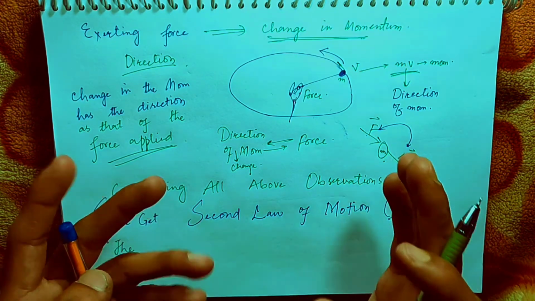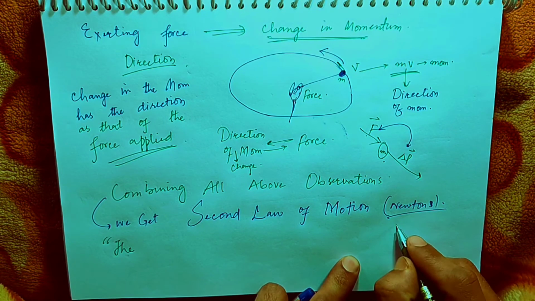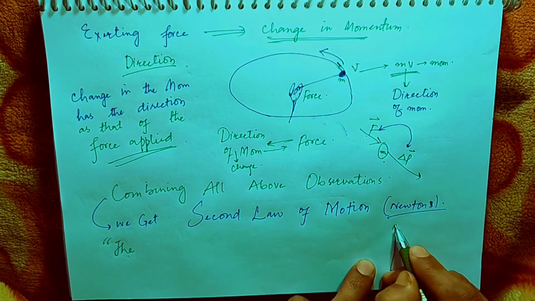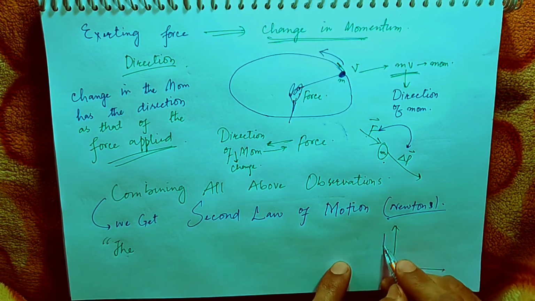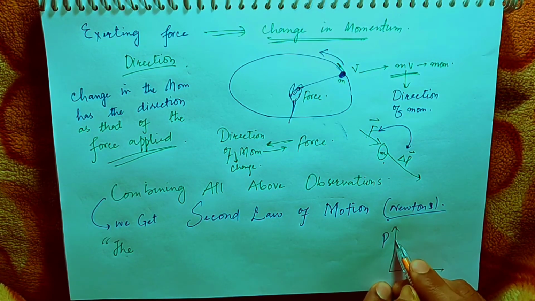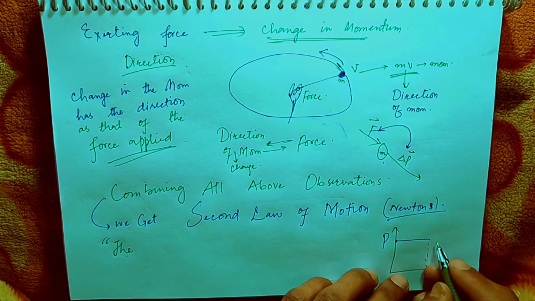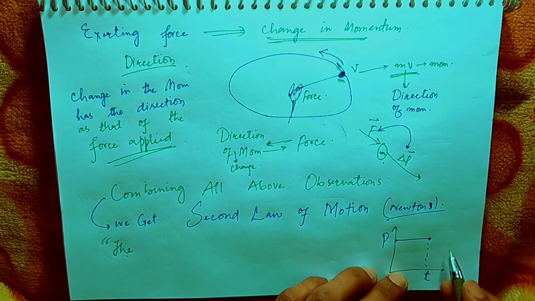And if there is an instant change, I will show you diagrammatically here. Suppose this is a momentum axis and this is a time axis. With respect to time, a body is having this much momentum for some period, and at this point of time force is applied.